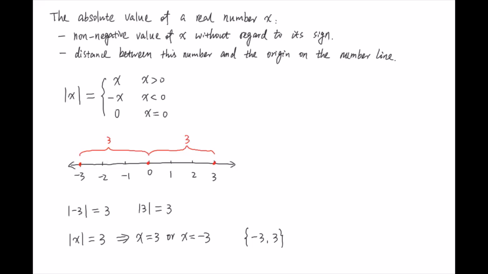Now let's see another example about the absolute value. We can simplify this numerical expression. The absolute value of -3 is 3. Now it's 0.